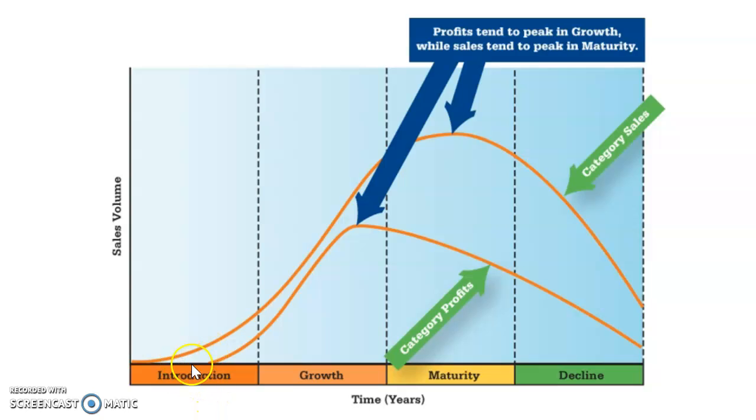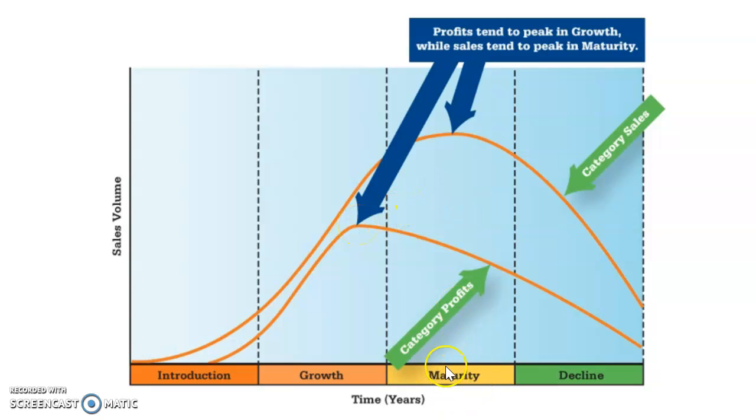So we have introduction. This is when your sales are going to be low because it's new and you're trying to raise awareness of the product. Then you can see during the period of growth, sales are rising, and then profits usually peak during growth. Competitors are going to notice and begin to enter the market.